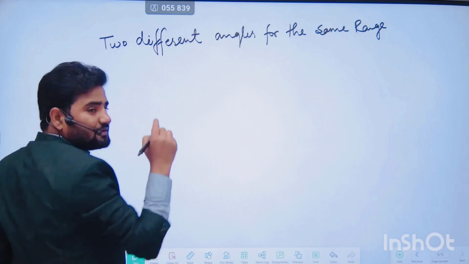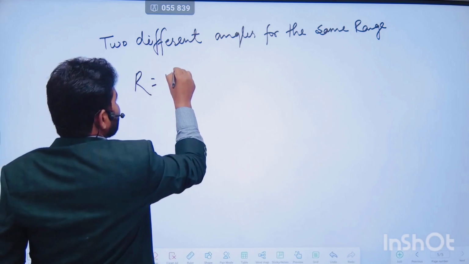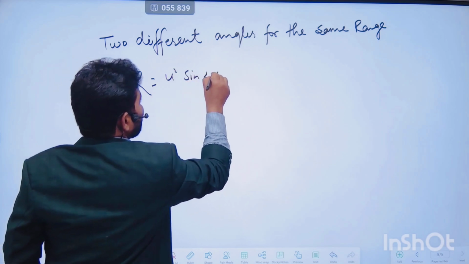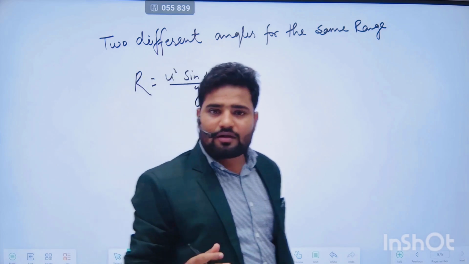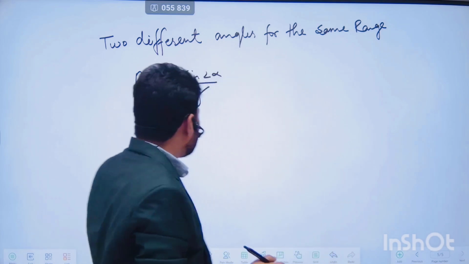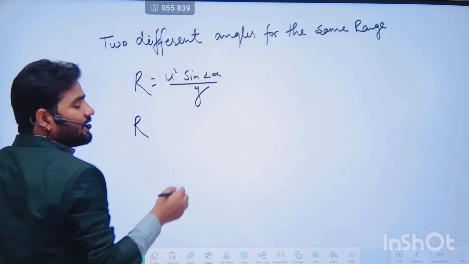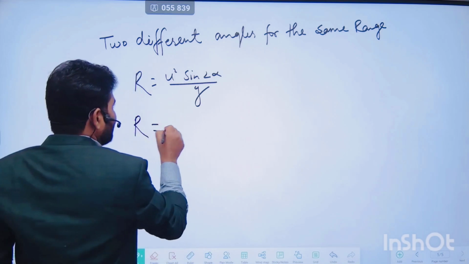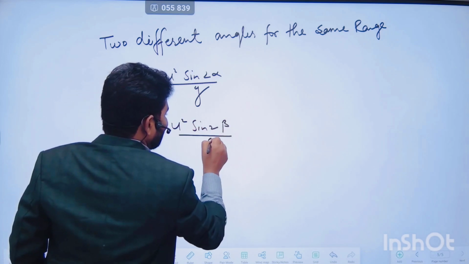In this case, the range is R. So R is equal to u square sine 2 alpha by g. Again, the same ball with the same velocity but another angle, beta, is launched at beta angle. Then in this case, again we are getting the same range. So we can write u square sine 2 beta by g.